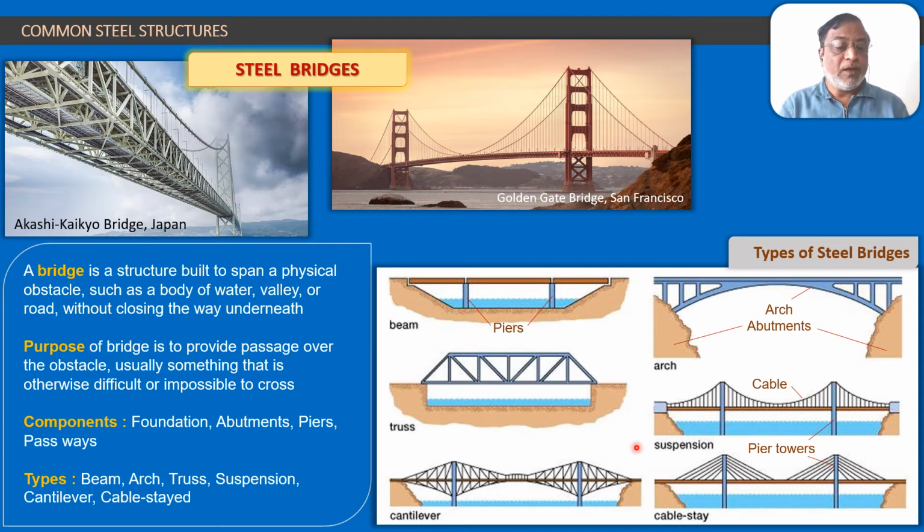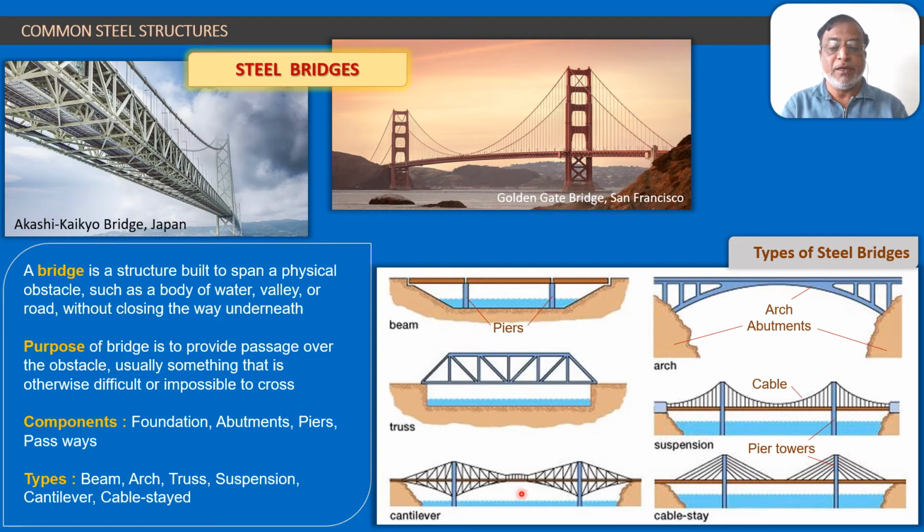The next type of bridge is a cantilever type of bridge. A cantilever type of bridge has got an interesting construction. You can see the piers like this here. Now from each pier, a cantilever portion of the bridge begins and it ends at the end here in between.